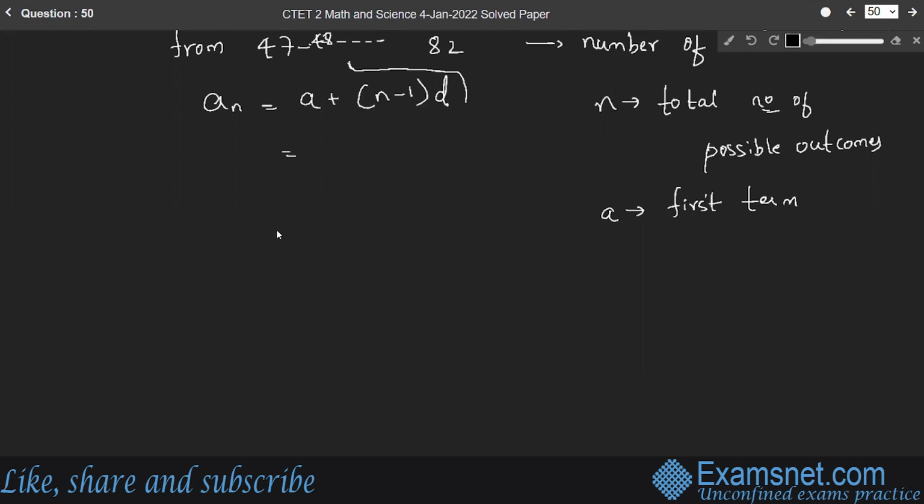Right? And probability is equal to number of favorable events divided by total number of possible events.